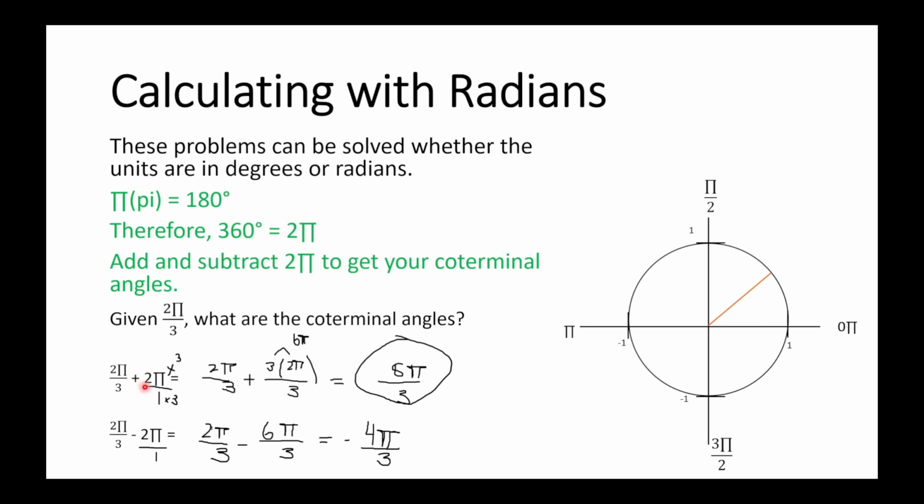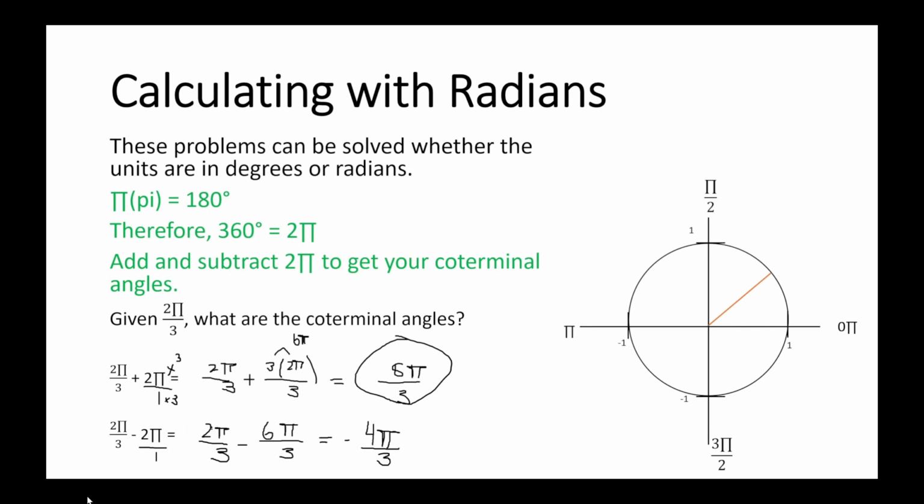So see here, I start off with 2 pi over 3 plus 2 pi. What I did is I put 2 pi over 1, because when we're adding fractions, we have two fractions. 2 pi isn't a fraction on its own, so I have to put it over 1. And when I add fractions, I also want to make sure that my denominators match. So I multiply by 3 to the top and bottom of the 2 pi over 1.